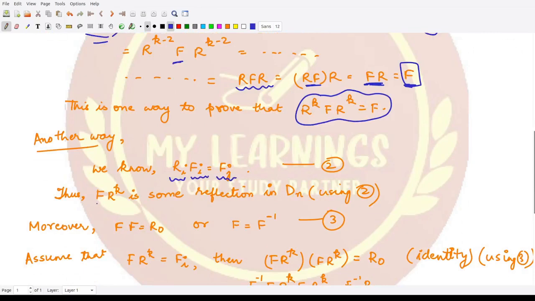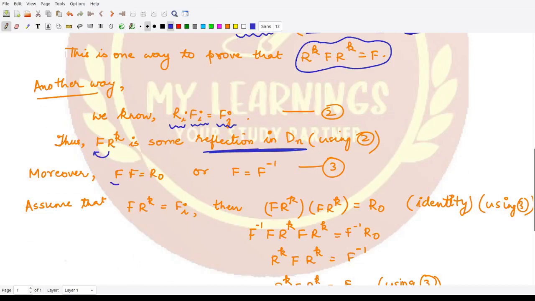So that means F into rotation raised to power k is again some reflection in Dn, right? Why? Because each R would be absorbed herein. And moreover, when you apply any reflection twice, it would be the original position, which is the identity of this group Dn, which is R0, rotation by 0 degrees. Hence, any reflection is its own inverse, correct?